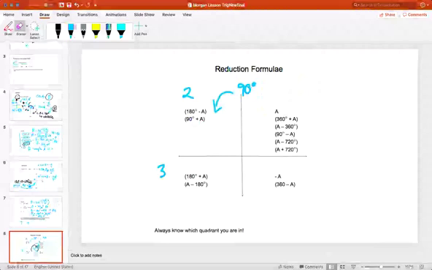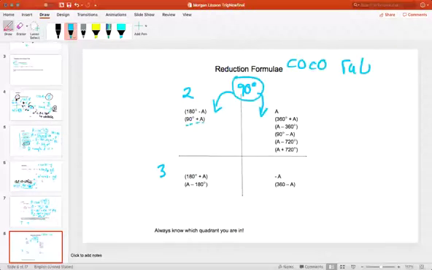Now, whenever we have 90 degrees, we talk about something called the Coco rule. The Coco rule is informal maths English for changing the trig ratio to the co-ratio. You can only use Coco rule within 90 degrees, so you must be on the lookout for this 90 degrees because it's always going to be the Coco rule.